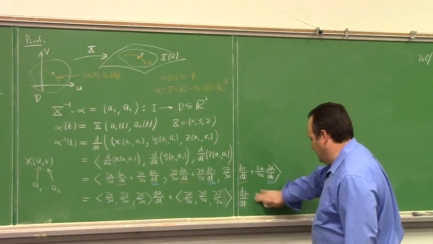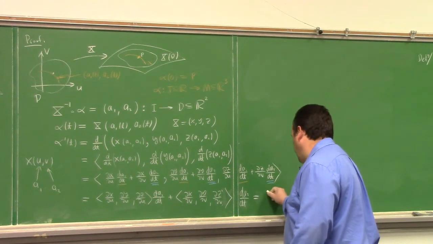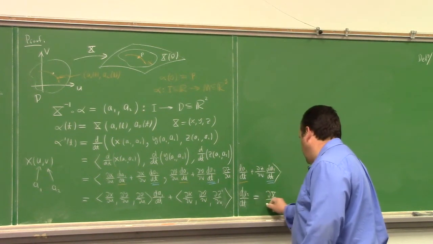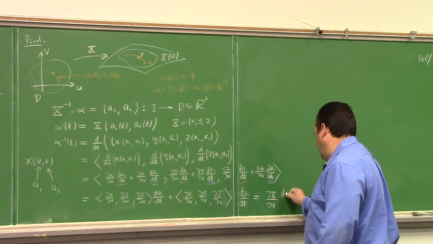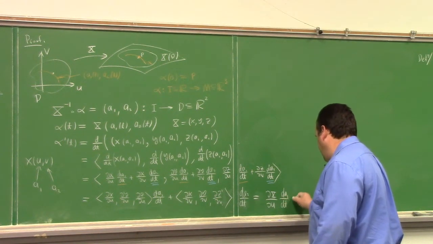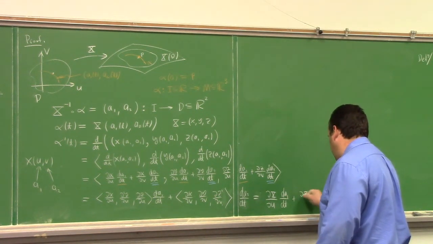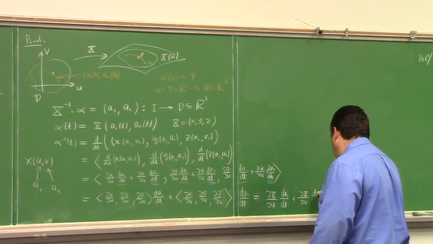In other words, what we have is partial X partial u times dA1 dt plus partial X, big X, partial v, dA2 dt.